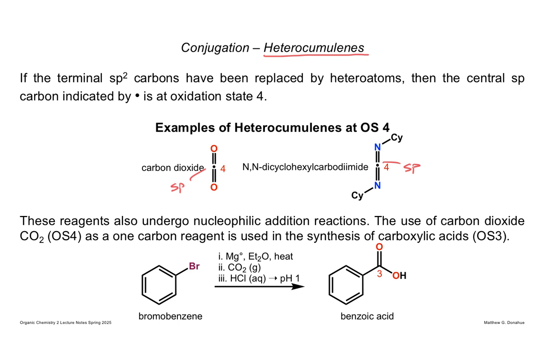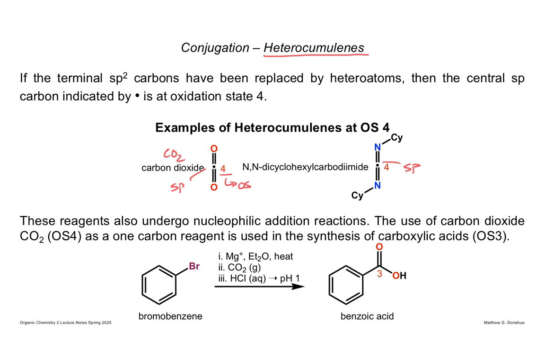In the first case, both of those atoms at positions 1 and 3 have been substituted for oxygen, so this is carbon dioxide. And the number in red here is equal to the oxidation state, where we're counting the number of bonds from the carbon to the heteroatom.